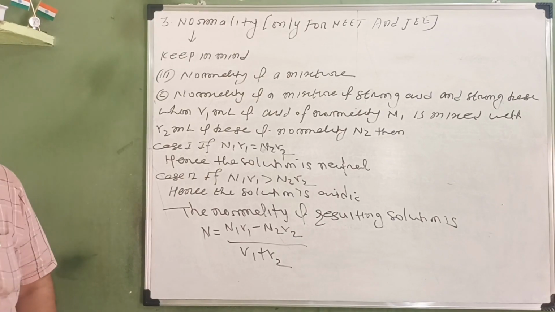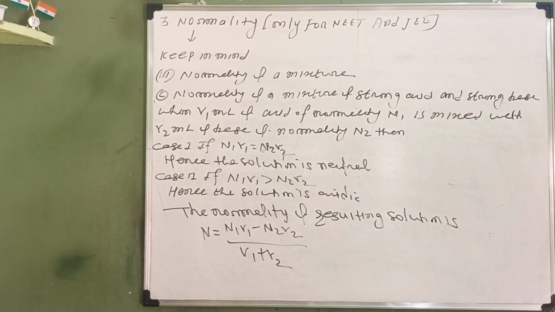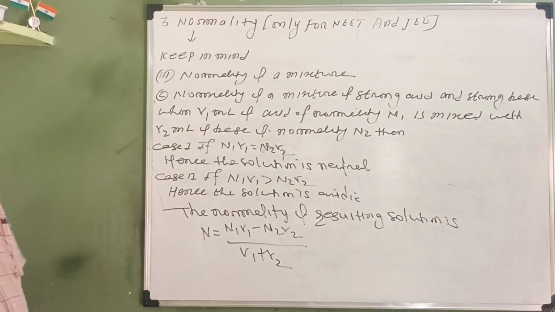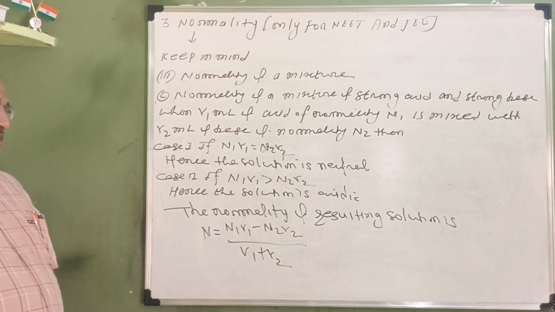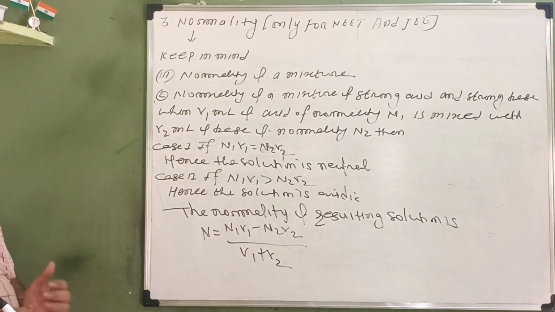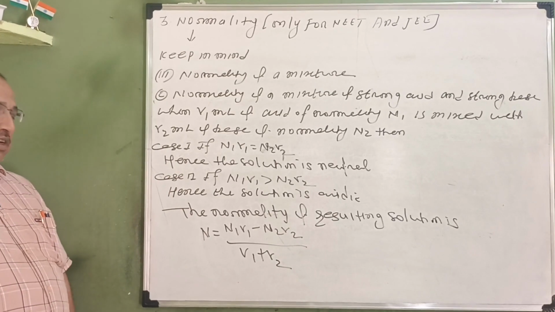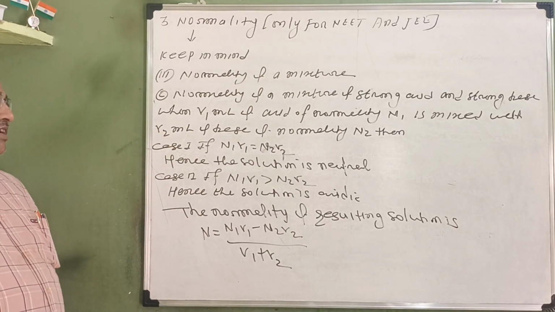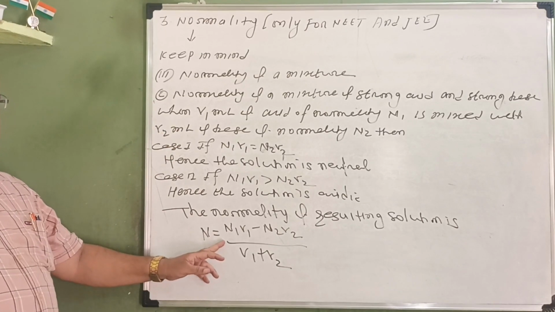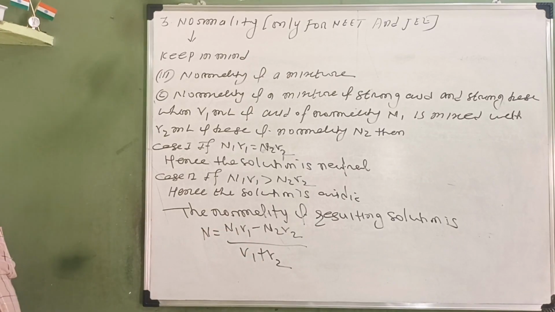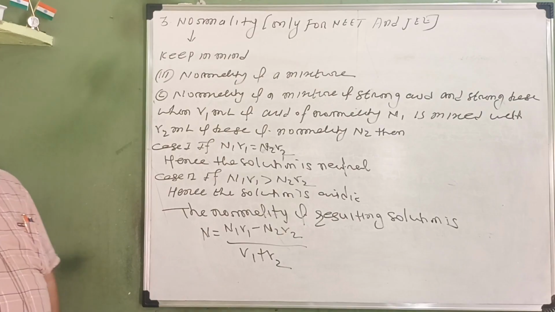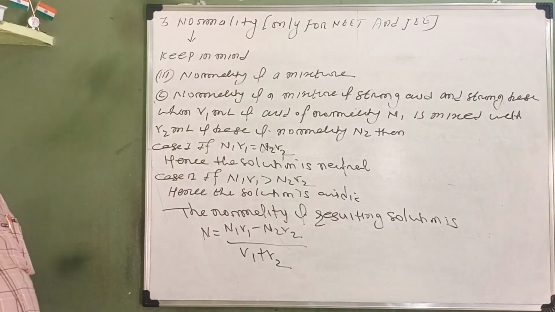That means here, in a mixture of strong acid and bases, acid produce H plus ion and bases produce OH minus ion. That means H plus ions are neutralized by OH minus ion. So here you can use the negative sign.